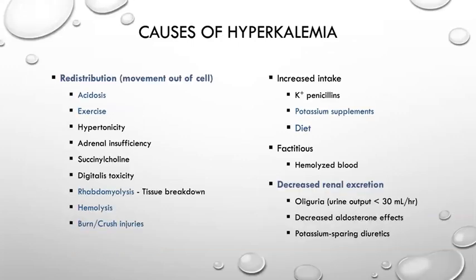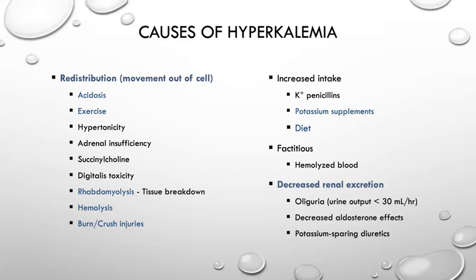Hyperkalemia results from those three general mechanisms: increased potassium intake from diet or medications, abnormal movement of potassium out of the cell, and impaired renal excretion. Acute hyperkalemia is often due to a combination of these three mechanisms. Chronic hyperkalemia is always due to impaired renal excretion.